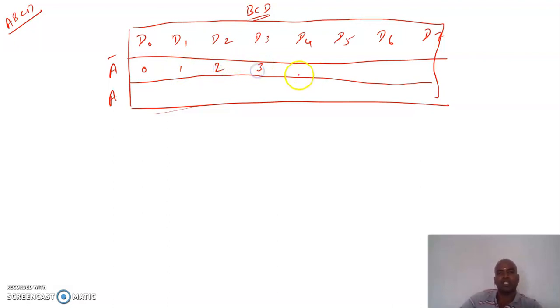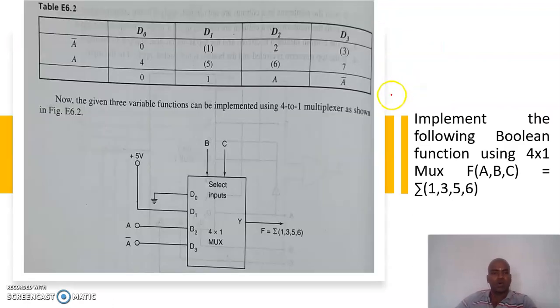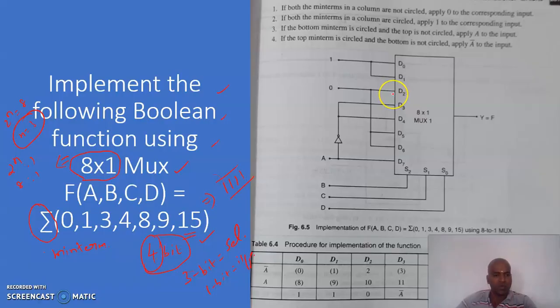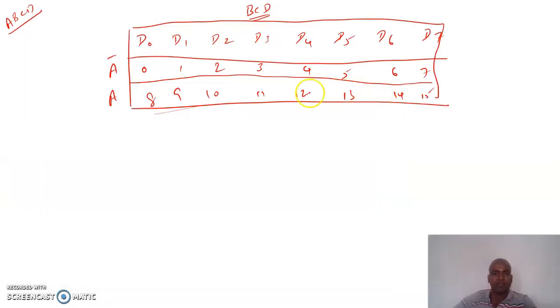0, 1, 2, 3, 4, 5, 6, 7, 8, and 9, 10, 11, 12, 13, 14 and 15. So what are the input values given? 0, 1, 3, 4, 8, 9, 15.